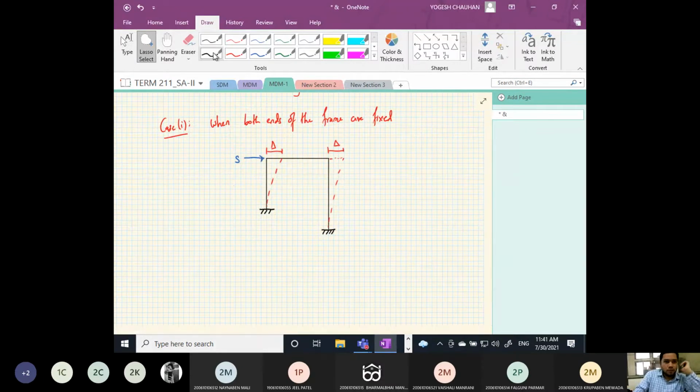Now let us say this is A, B, C and D. Because of this sway, let us consider and separate these column members.